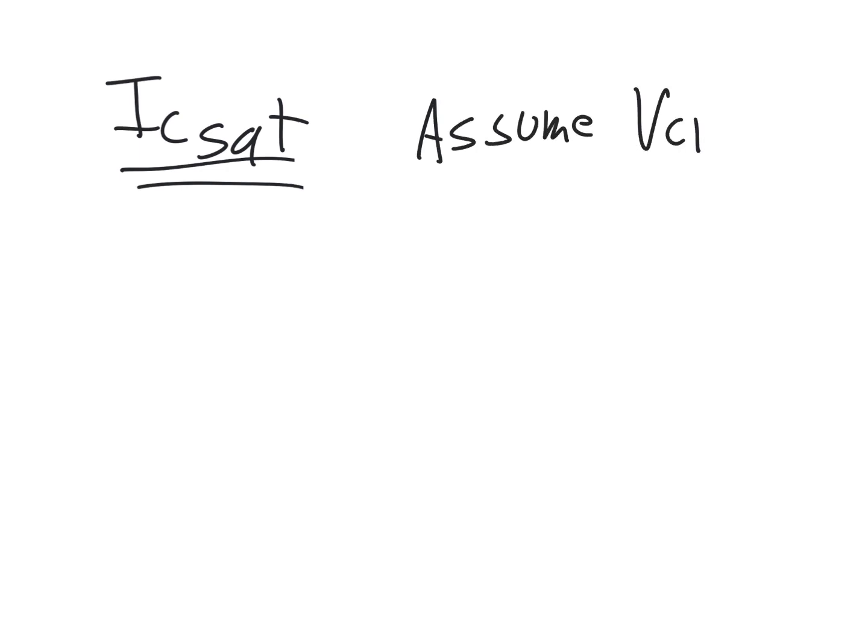For IC sat, this is the theoretical maximum current that can flow in this circuit with the given parameters. By convention we assume VCE is 0 at the saturation point. It can never actually be that, but we just assume it.